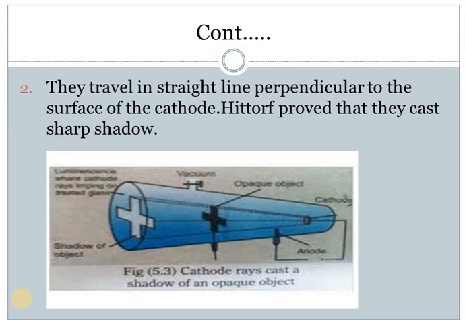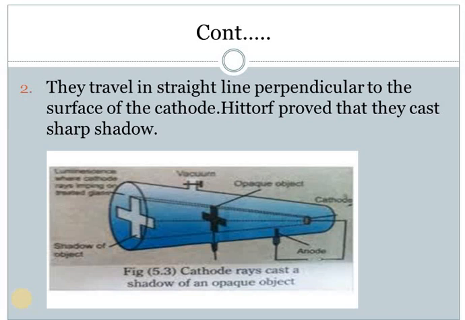Now what proves it? If we place a certain object in its path, that is, when electrons are traveling or cathode rays are passed in front, if we place any object in front of it, we can see that there is a shadow at the back of that object.